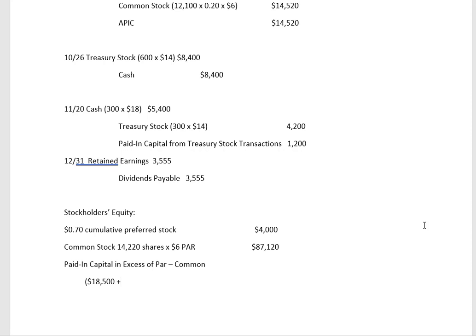We issued on February 13th another 16,200. And then we issued on August 9th another 14,520. So that should all equal up to 49,220.